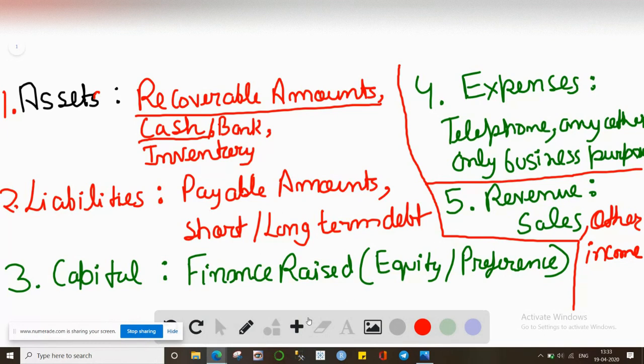Followed by that, I'm giving you the diamond rules of accounting, which will be applicable throughout accounting as a subject.